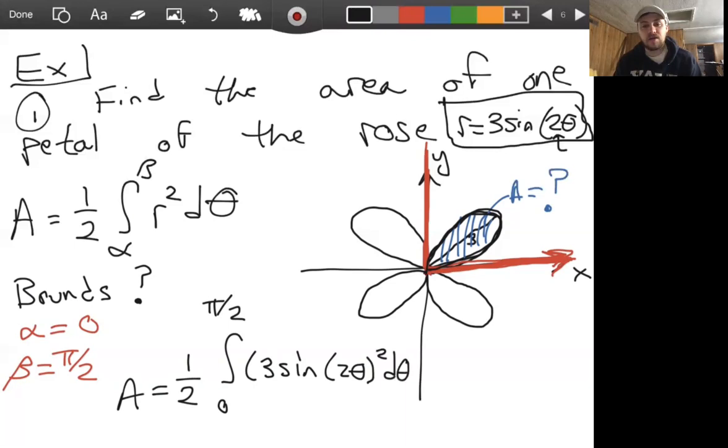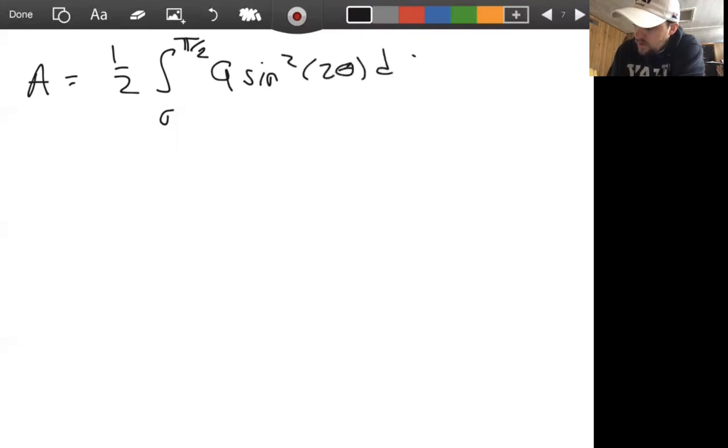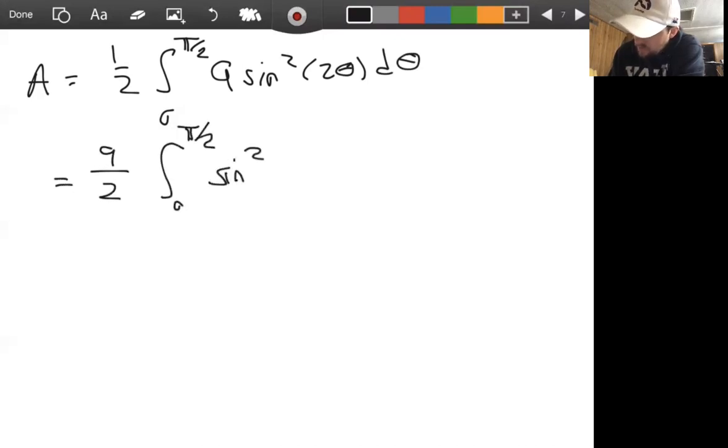And now this is an integral that we're well equipped to solve, right? So let me just copy it really quickly, 0 to pi over 2. It was 9 sine squared 2 theta d theta, which becomes 9/2 integral from 0 to pi over 2 sine squared 2 theta d theta, right?